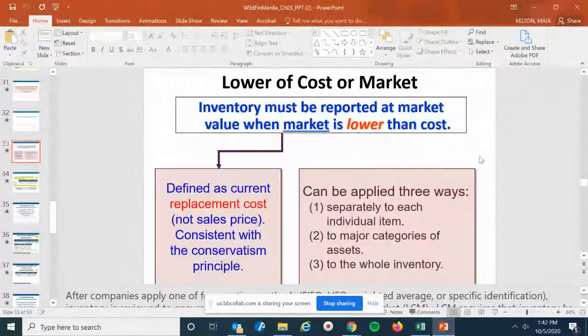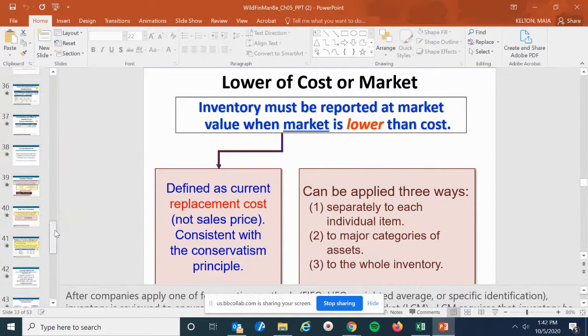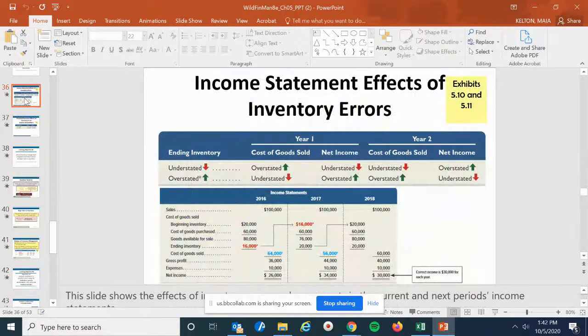And we will see that if we have obsolete inventory, which happens more often than you think when the inventory is comprised of technology items, we lower the value of inventory and we also increase the cost of goods sold on the income statement.